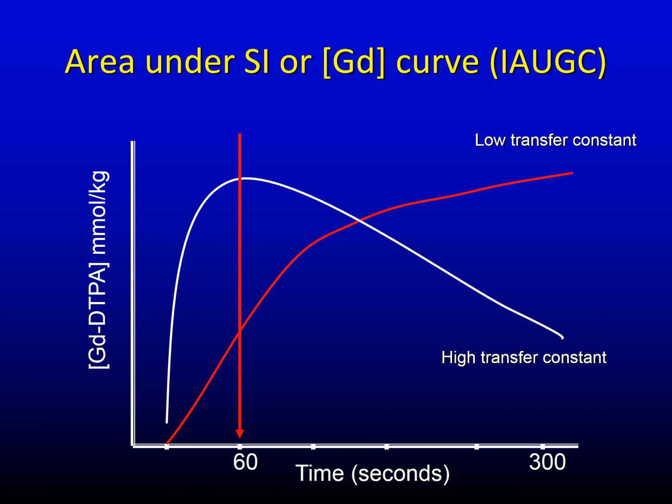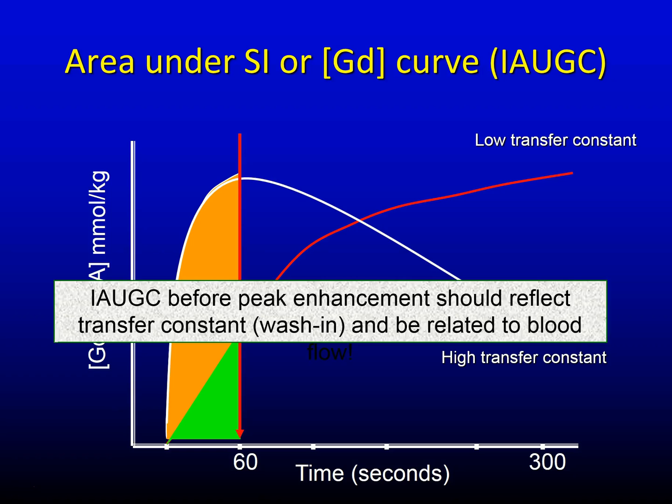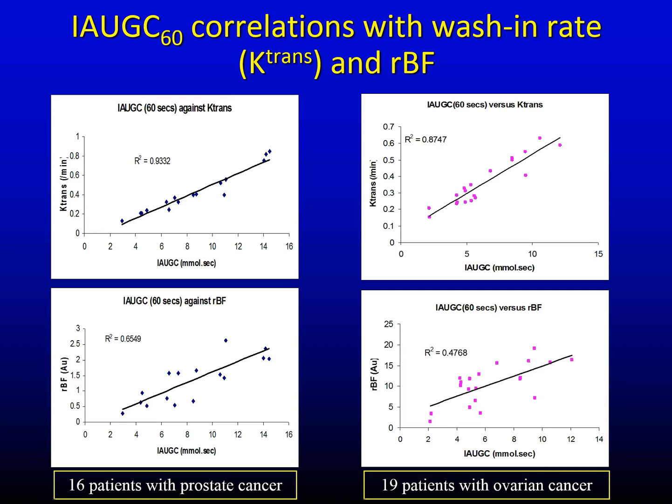If you were to take just the initial area under these curves, then this initial area under the curve should reflect the transfer constant and therefore should be related to blood flow. And it turns out that it is. So here are correlations between the initial area under the gadolinium curve at 60 seconds and the transfer constant.